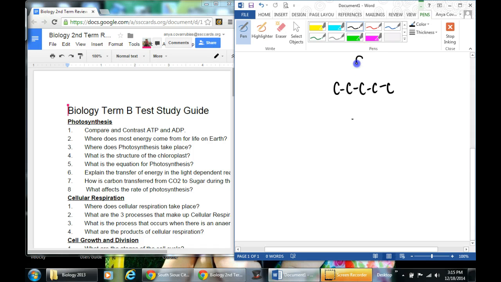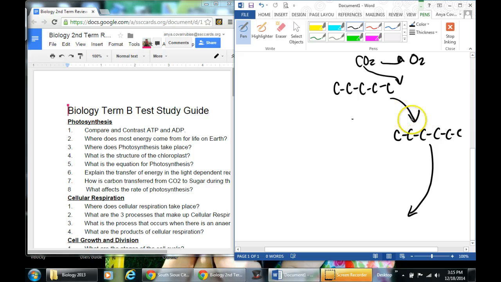So we have CO2 that comes into the Calvin cycle, and this carbon is going to attach onto that, and this is O2 is going to be leaving. So we get a 6 carbon right off the bat. And this 6 carbon molecule is going to be very unstable, and so there's going to be energy or electrons that are reconfigured, and when this happens, we are actually going to get some energy being used.